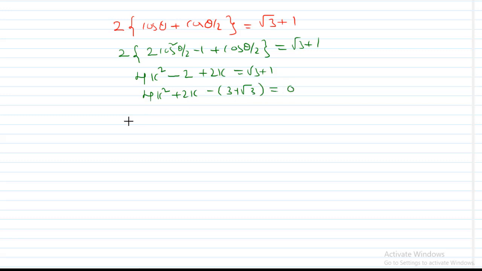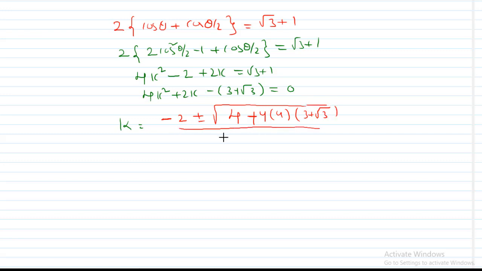This is a quadratic equation. So k equals minus b plus or minus root over b square minus 4ac, with a being 4 and c being minus (3 plus root 3) over 2, all by 2a, 2 into 4.